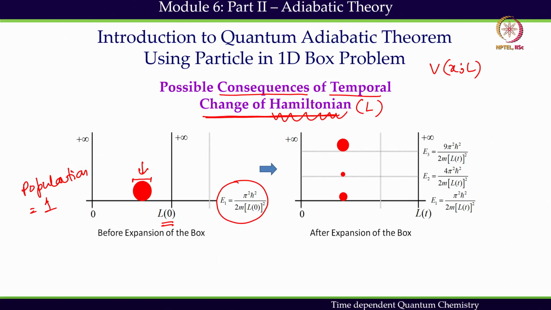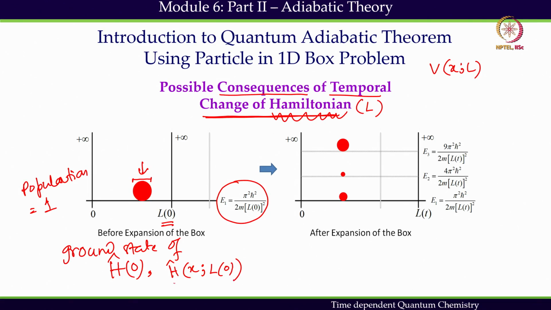ground state. Now, ground state of what? Ground state of which Hamiltonian? Hamiltonian H0. Or specifically, if we want to be notationally very correct, then it is going to be H(x, parameter L0).